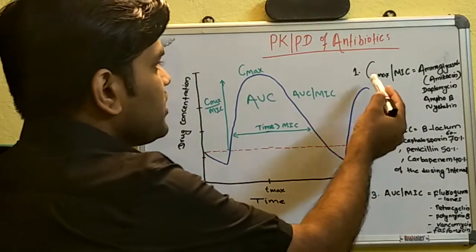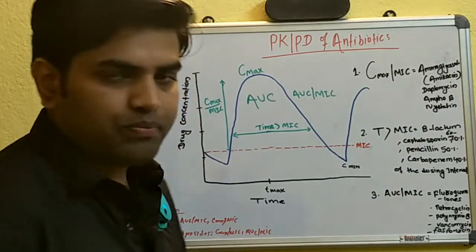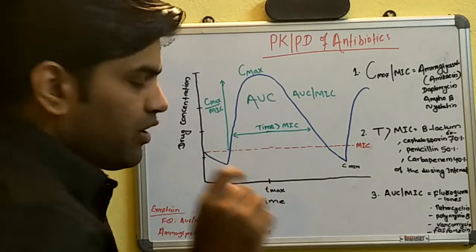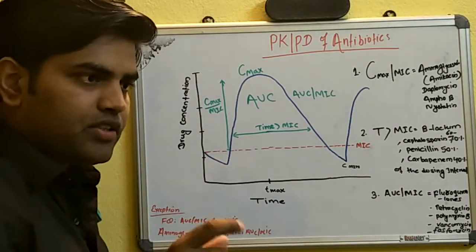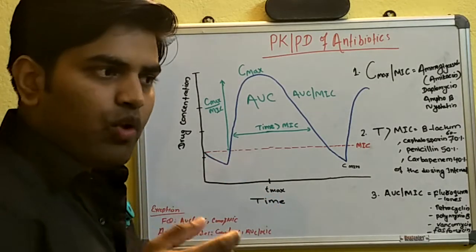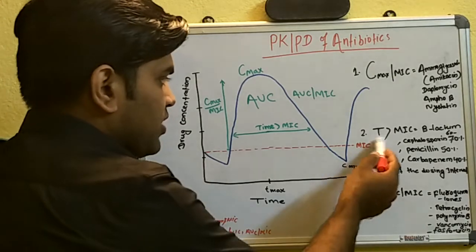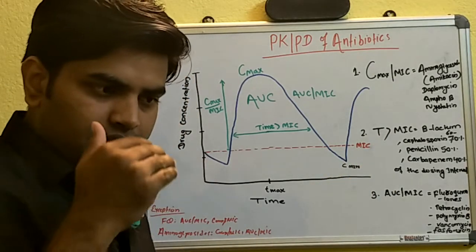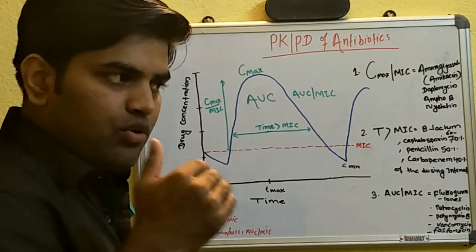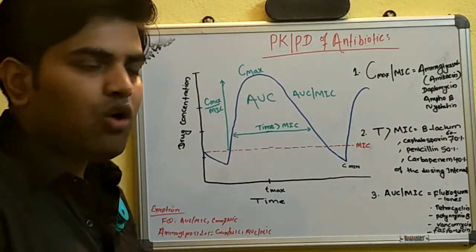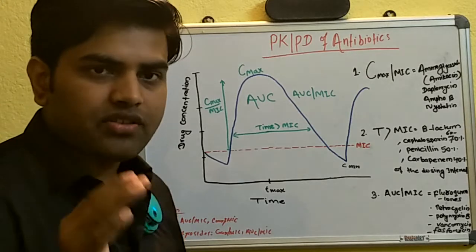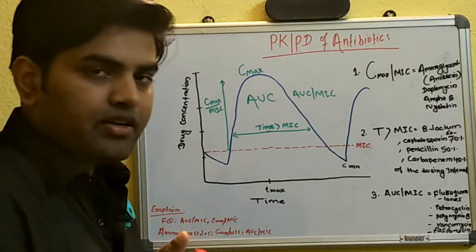It is known as Cmax over MIC. Then there is another group of antibiotics where we found that what increases killing is time; it is called time above the MIC. Whatever concentration we give, however high, it doesn't increase the killing rate.